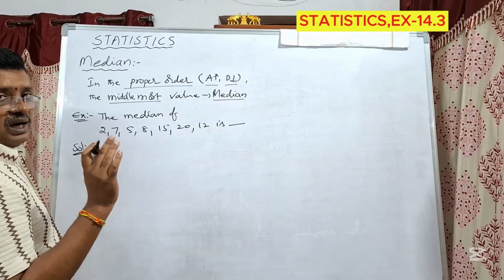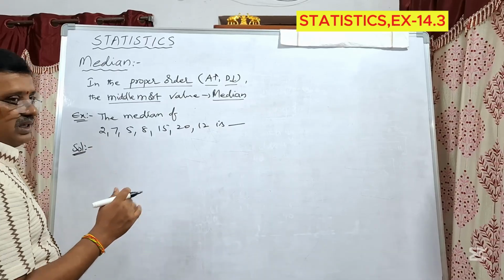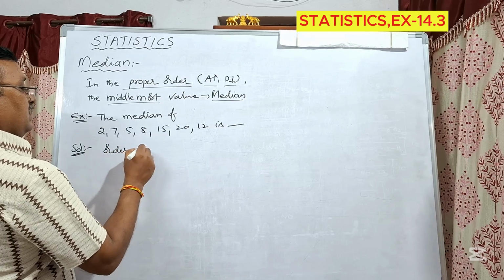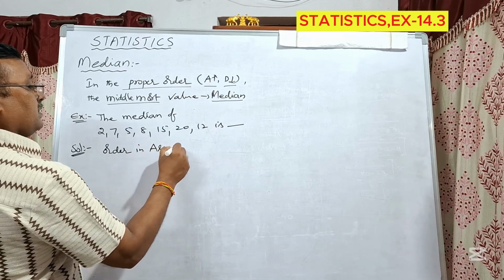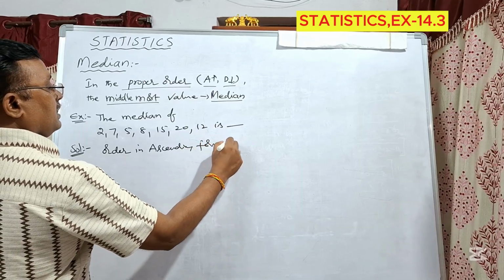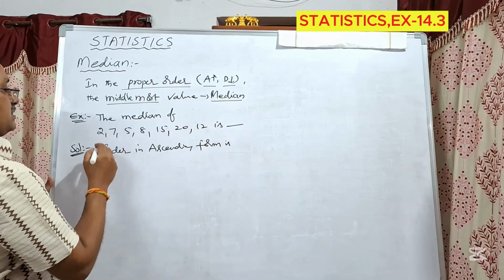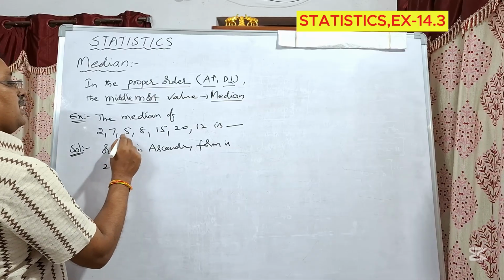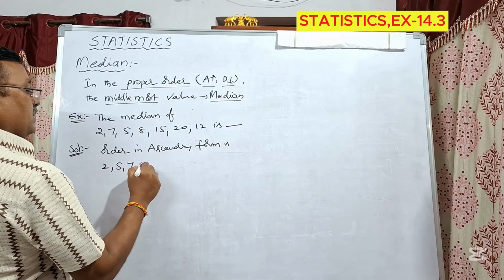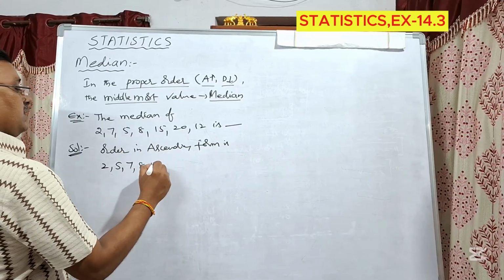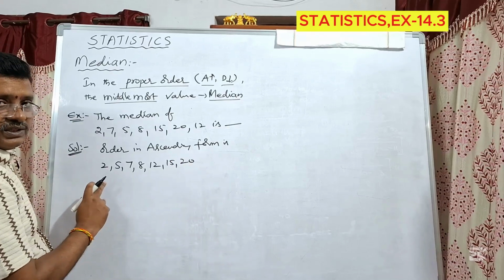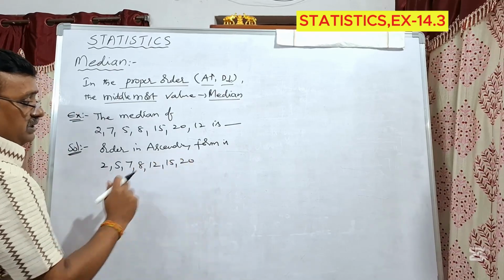That means either in the ascending order or in the descending order. Ascending order is least value to highest value: 2, 5, 7, 8, 12, 15, 20.